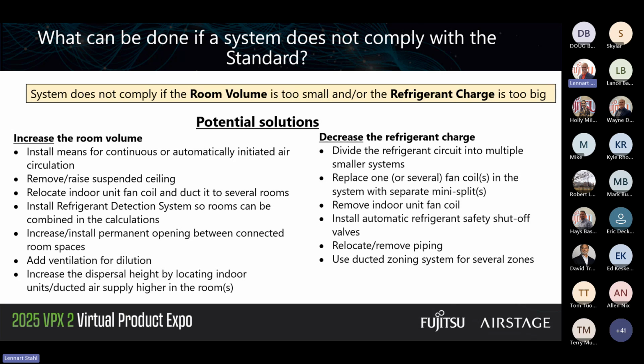If you do that, you can perhaps shorten the total piping, and that's going to bring down the refrigerant charge and also the cost. Or there's also a possibility to use a ducted zoning system for several zones. Then you can have several zones but one unit, which means that the zoning itself will replace some of the piping that would be in the system otherwise.